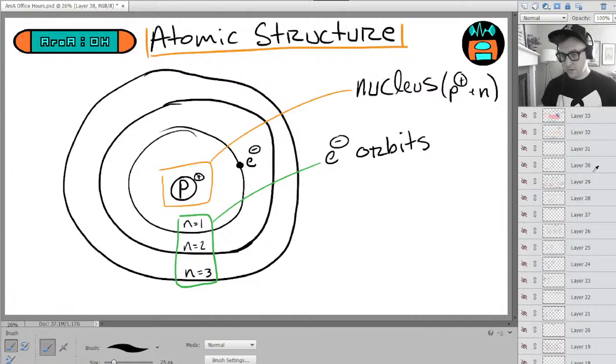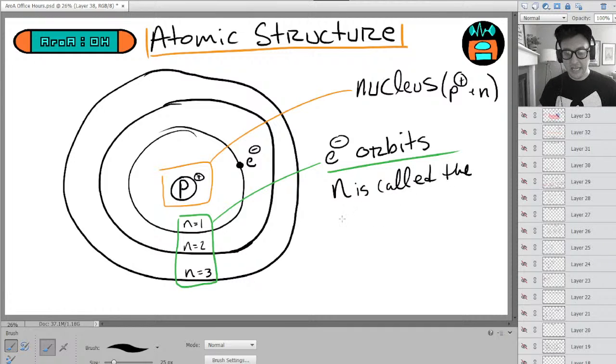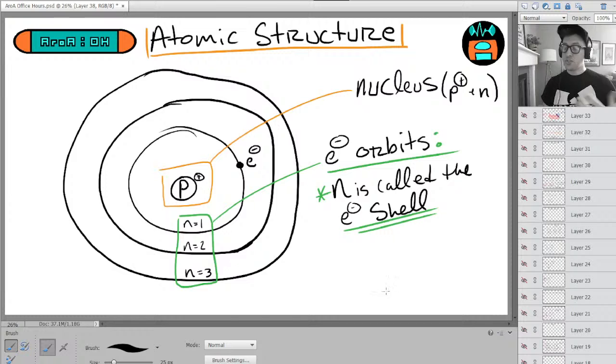A little bit of vocabulary here. With respect to these electron orbits, the energy level, n equals 1, 2, 3, is called the electron shell. So you can hear me refer to the first shell, second shell, third shell.